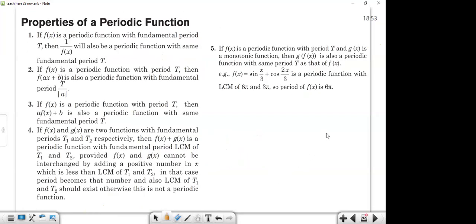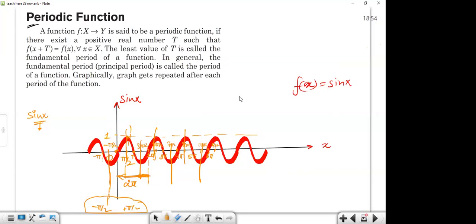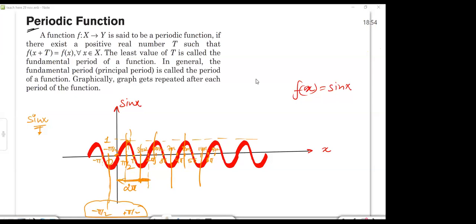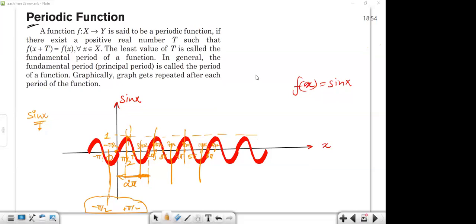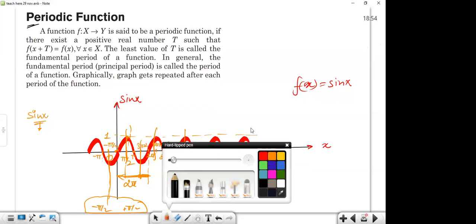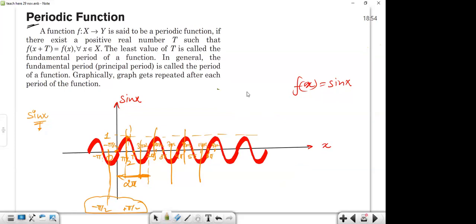To show you an example, I am actually copying graphs from Google, which will have copyright issues.